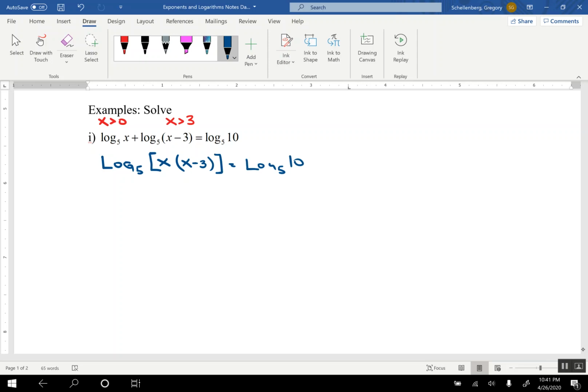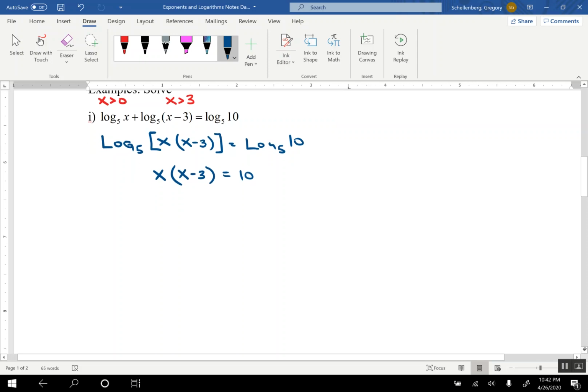Okay, so from here we've got single logarithms with the same base on both sides of the equation. From here we can drop the logs and we're just evaluating the arguments. So we've got x times x minus 3 is equal to 10. Let's expand this. We've got x squared minus 3x.